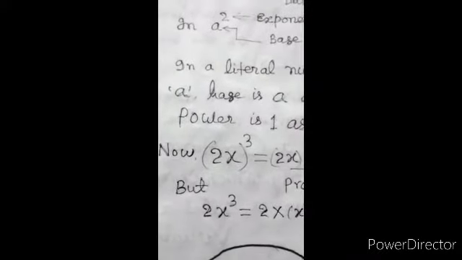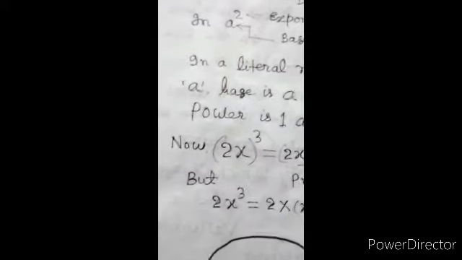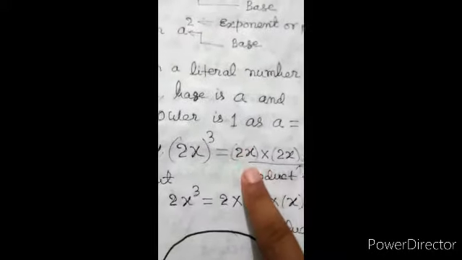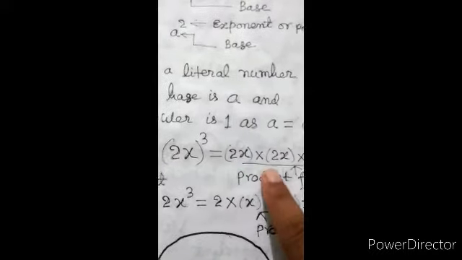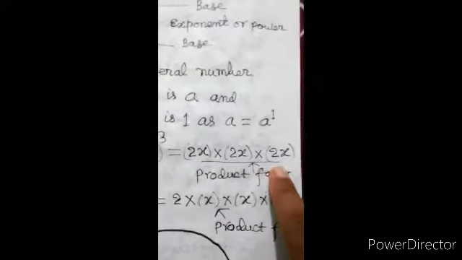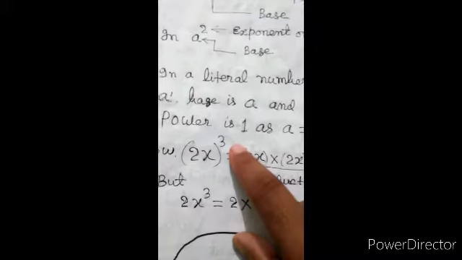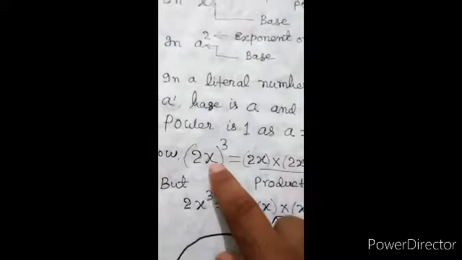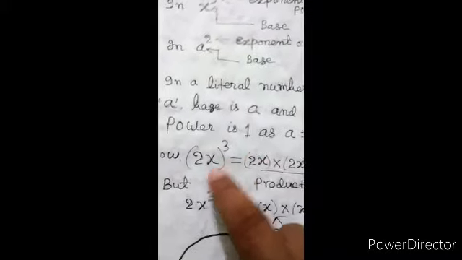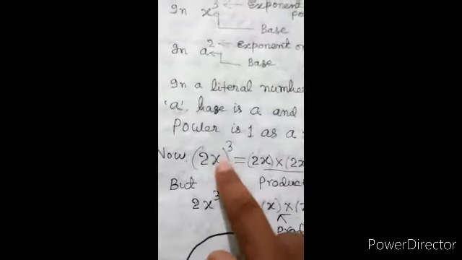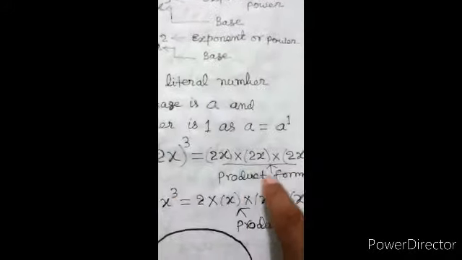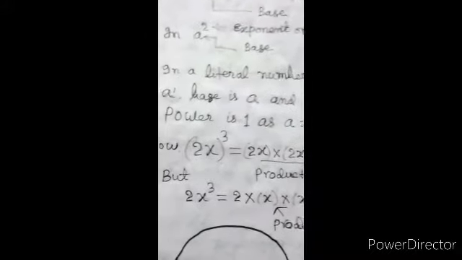Now (2x) whole cube, we can write it in product form as 2x into 2x into 2x, as its exponent is 3, so base will come 3 times in product form. This is called exponential form. This is called product form.